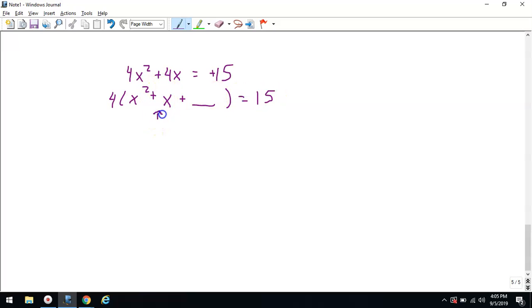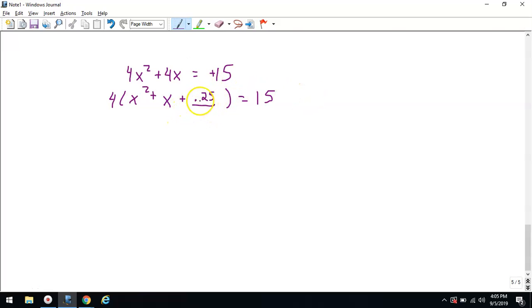Now I'm going to take half of this number, which is just 0.5, and then I'm going to square that, and I want to say I get 0.25. What I do to one side, I have to do to the other.